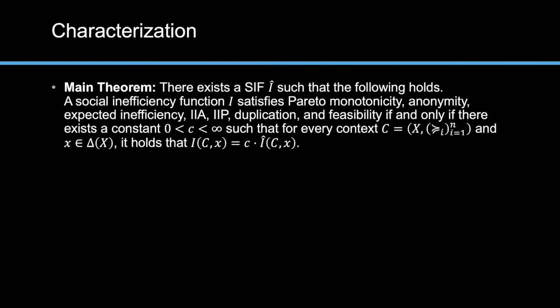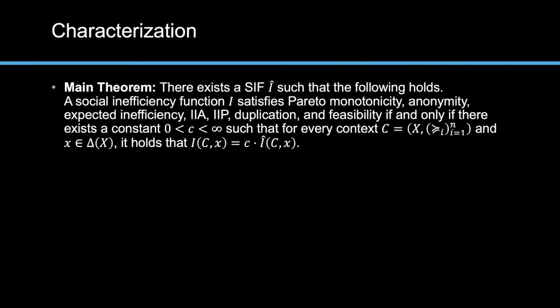Characterization, this is our main result. It says there exists a social inefficiency function I hat. I'm going to show you what it is soon enough, such that the following holds. Any social inefficiency function I satisfies our 7 axioms if and only if it is a constant, finite, positive constant times I hat.